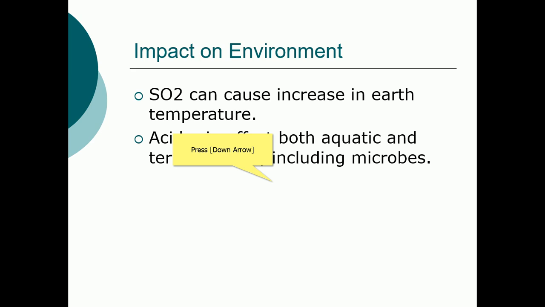The same thing happens to aquatic life, so it kills everything. That's why when you see an incidence of acid rain, it is usually very catastrophic. It damages the ecosystem.